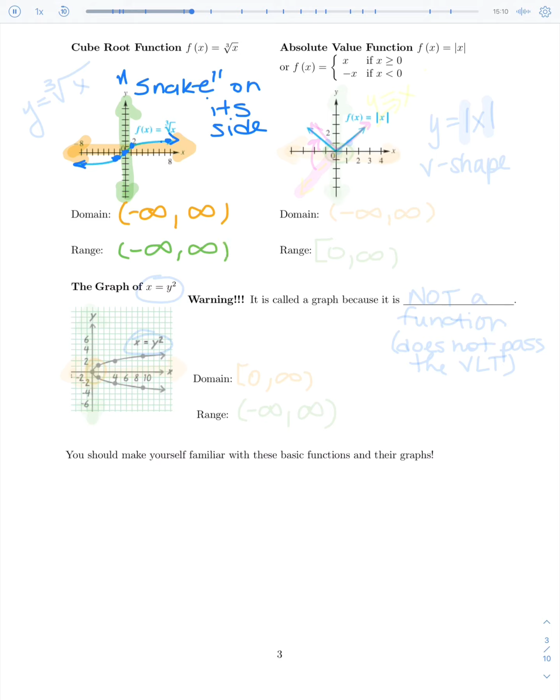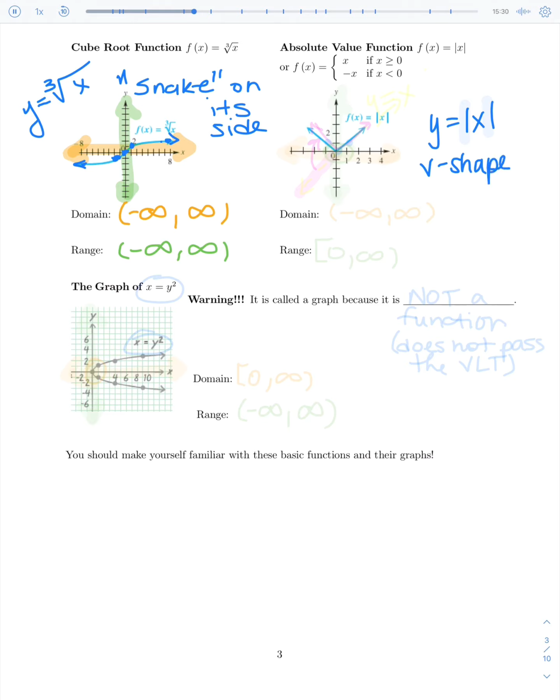Actually, I was wrong. There is one more graph. We just did y equals the cube root of x. The next graph is y equals the absolute value of x, which is now going to be a V shape.